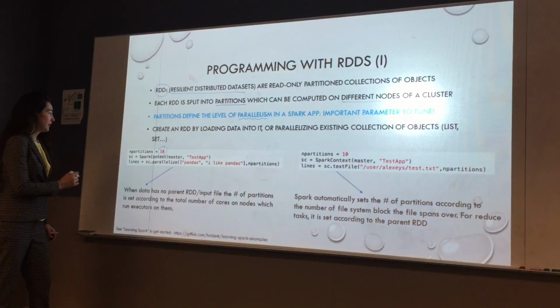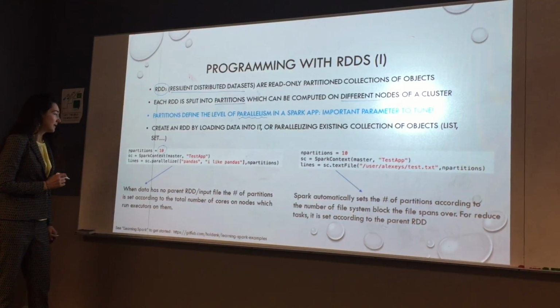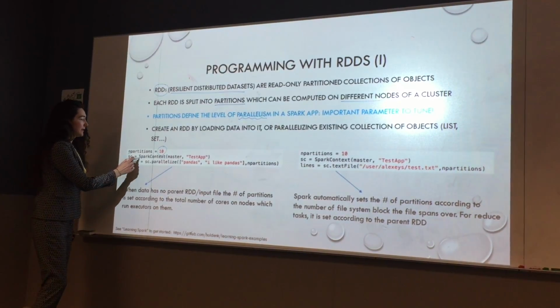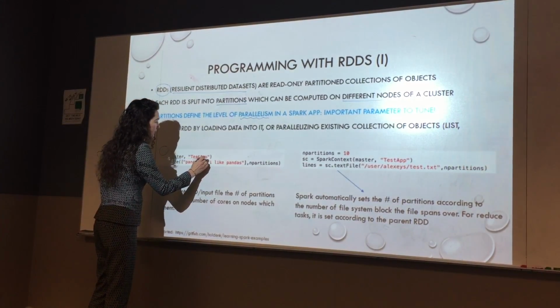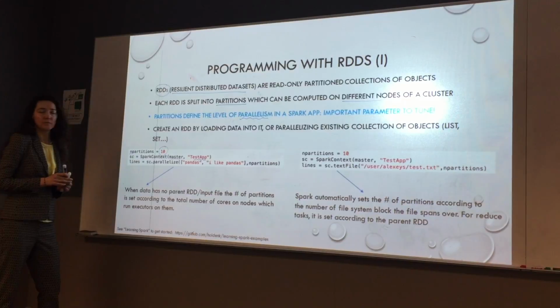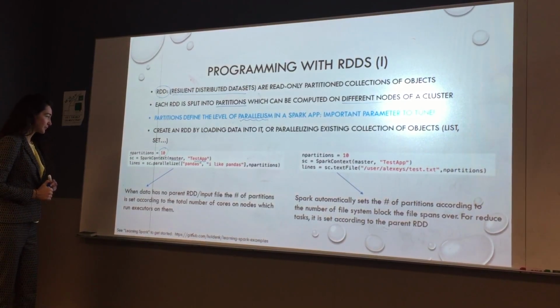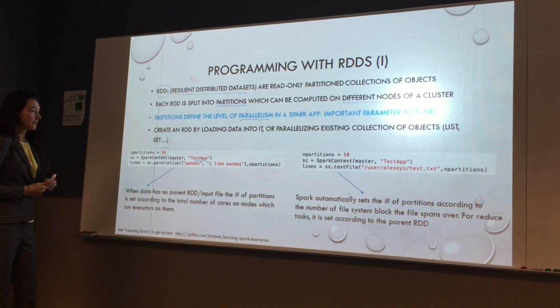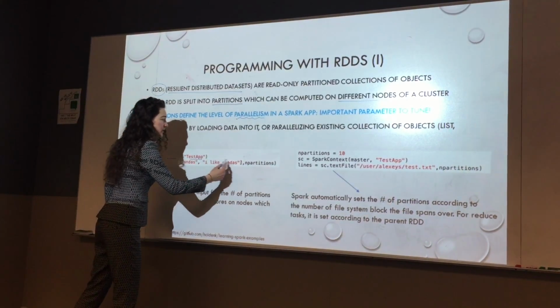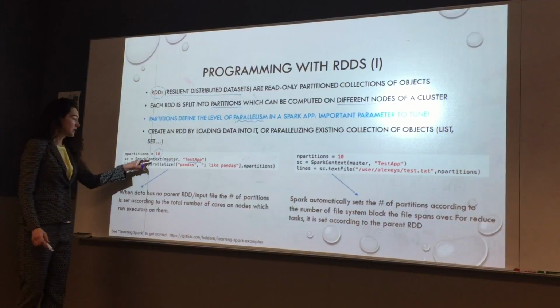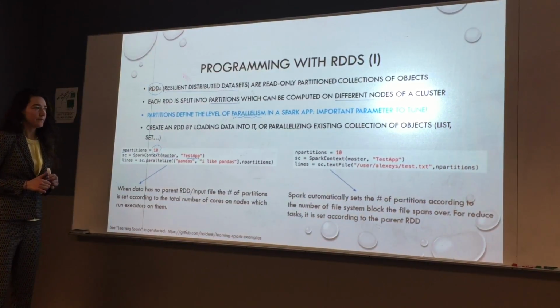So say n, or number of partitions, is equal to 10. Then say the Spark context is equal to SparkContext with the master, and then give the name of our application. And then we can divide this RDD into n number of partitions, which in that case is 10.